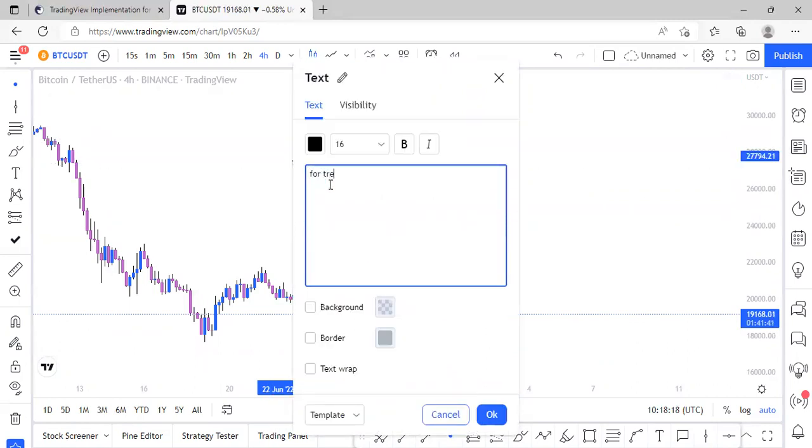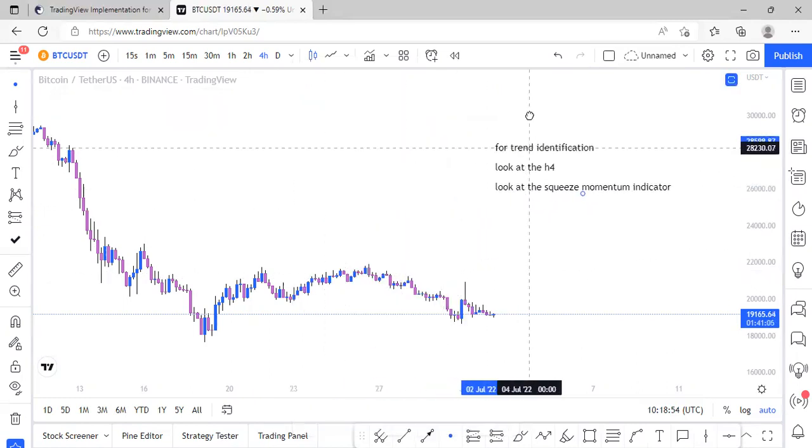For trend identification, first look at the H4. Second, look at the squeeze momentum indicator. So this is how you look out for trend.